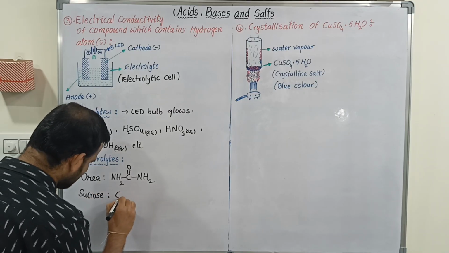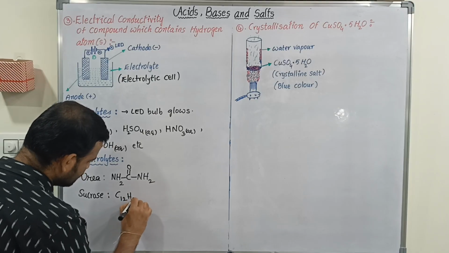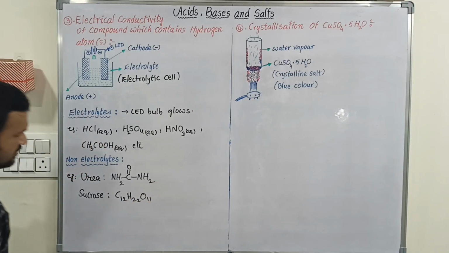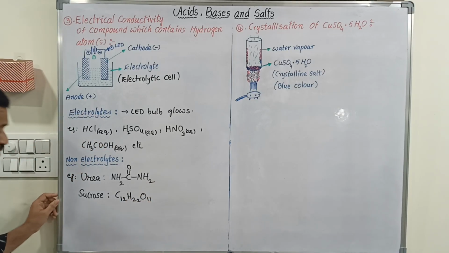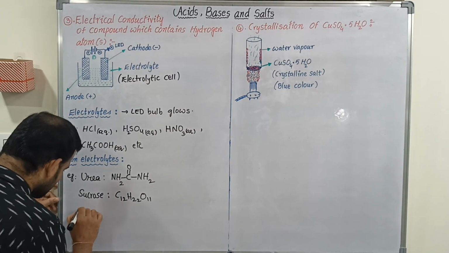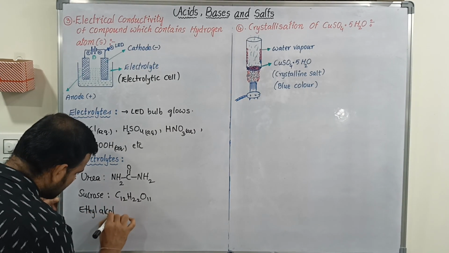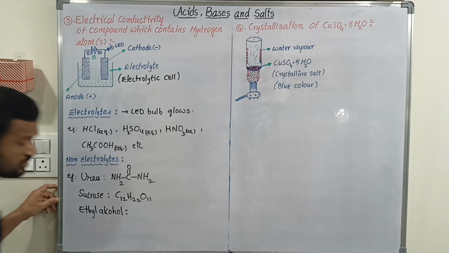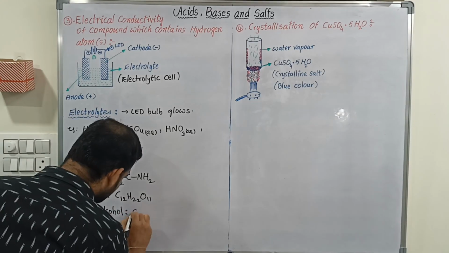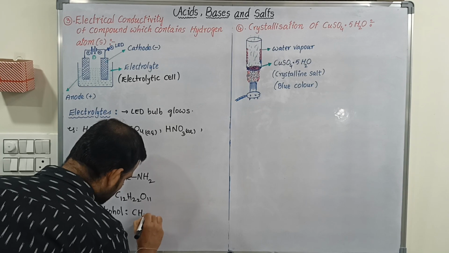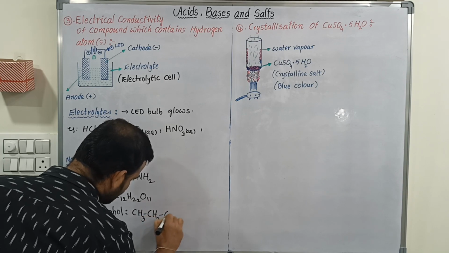Sucrose. So its formula is C12H22O11. So like that, ethyl alcohol also does not conduct electricity. Its formula is CH3 bond CH2 bond OH.